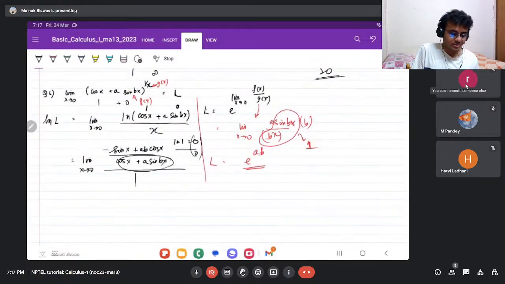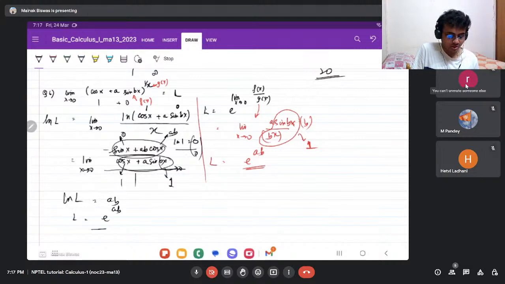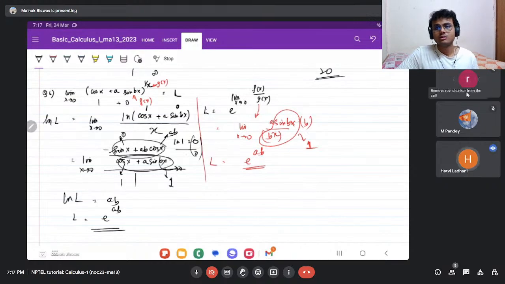This is 1 and this is ab, because this is 0, this is 1, this is 0. This is equal to ab. Log of the limit is ab, so L is equal to e to the power ab. Okay, clear? Yes, sir.